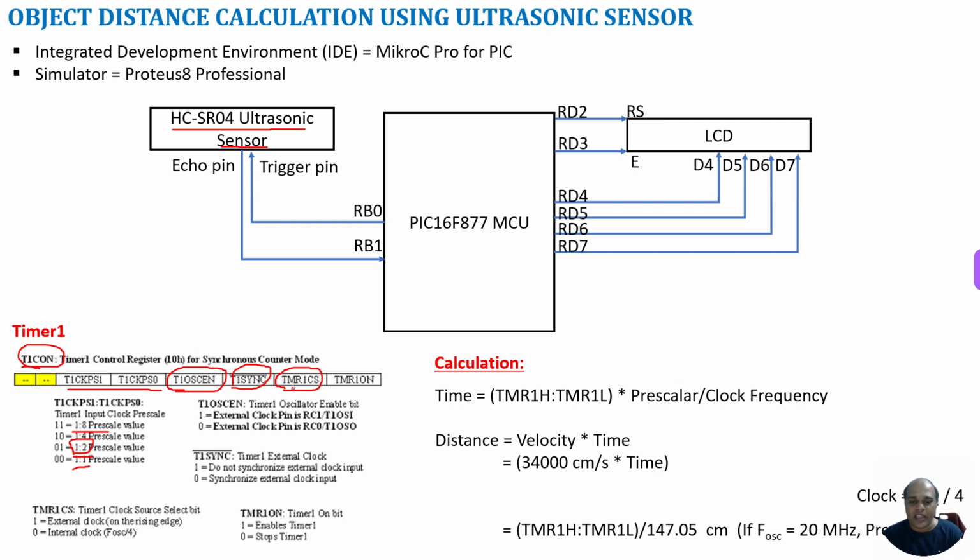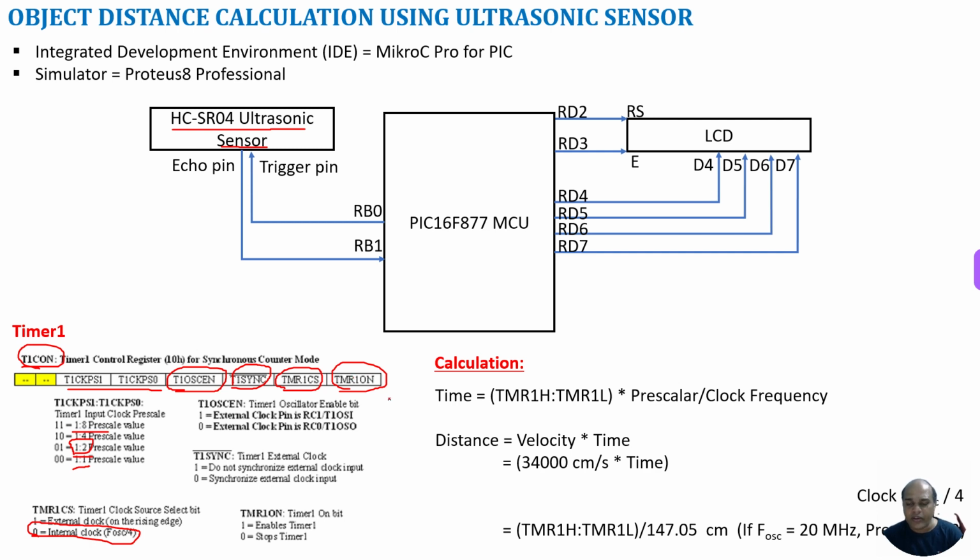In case of timing, we use the internal clock source. For counter, we use an external clock source. Now we are going to use it as a timer, so I am going to use the internal clock source, so I need to put 0 here. So 0 indicates I am going to use an internal clock source. Then the last bit is for switching on the timer. If I put 1, timer 1 will be switched on. If I put 0, timer 1 will be switched off.